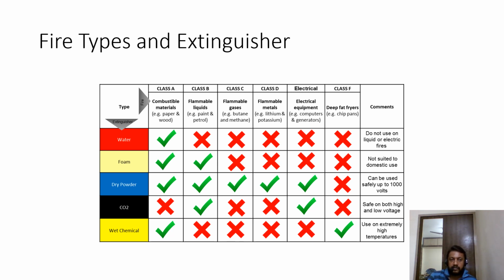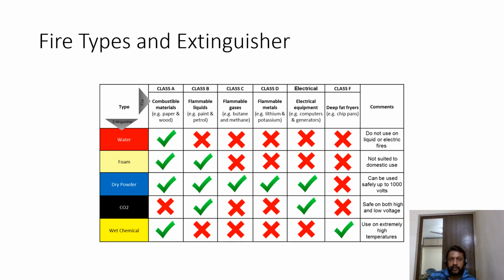First, a water type extinguisher can be used only for class A fire, and foam type can be used for class A and class B, not for any other classes. Dry powder can be used for class A, B, C, D and electrical, and not for class F. CO2 can be used for class B and electrical and not for any other classes.